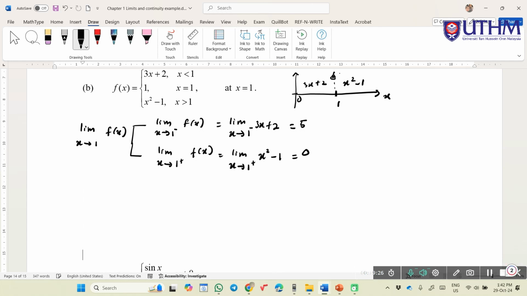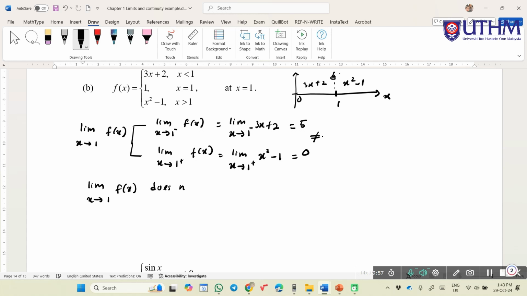Now, what happened to the limit? Because from the left hand side and the right hand side, the left hand side is not equal to the right hand side. Therefore, we say that the limit as x approaches 1 of f(x) does not exist.